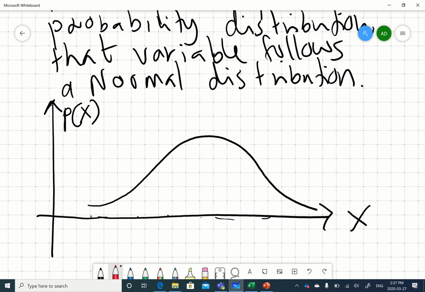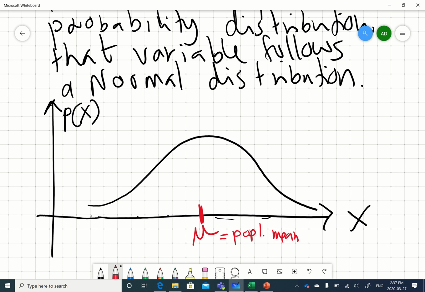The other important thing about the bell shape is the center. This is a symmetrical picture. The center of this picture is the population mean of the variable. We know this from chapter 3: when you have a bell-shaped curve, mean, median and mode are the same and lie at the center, right?